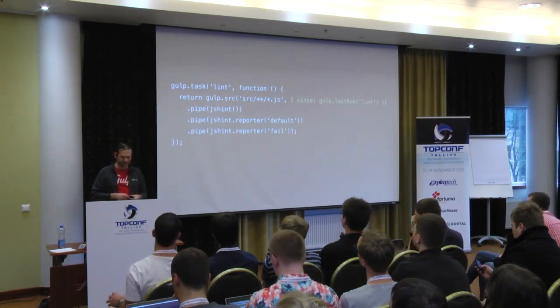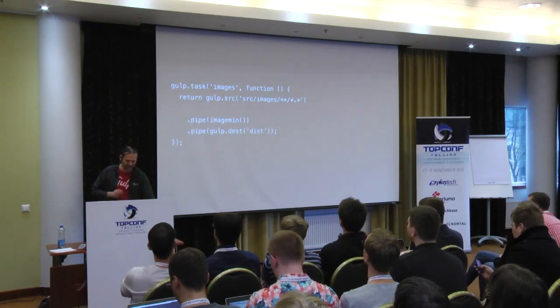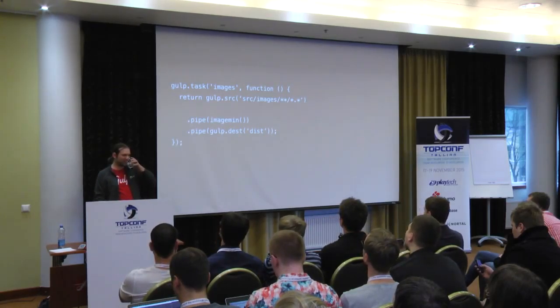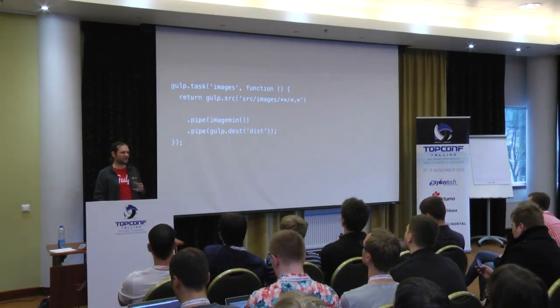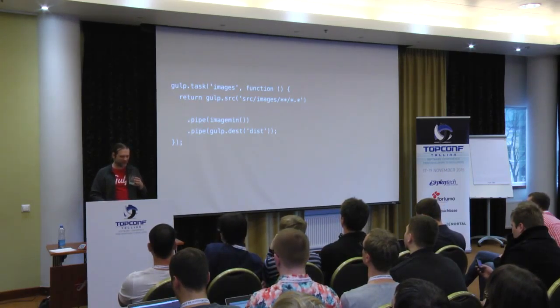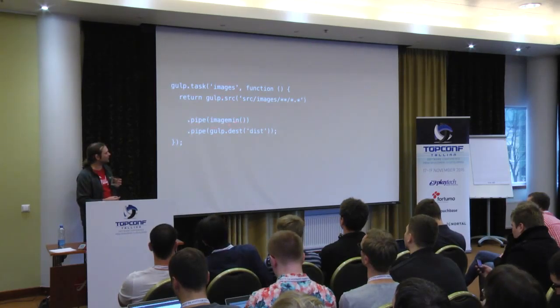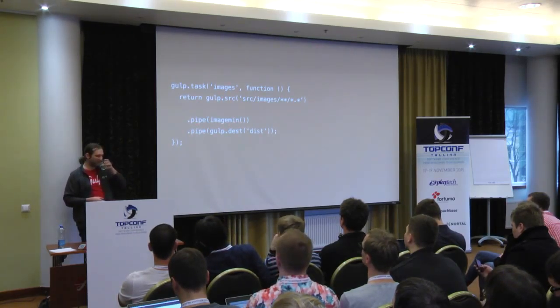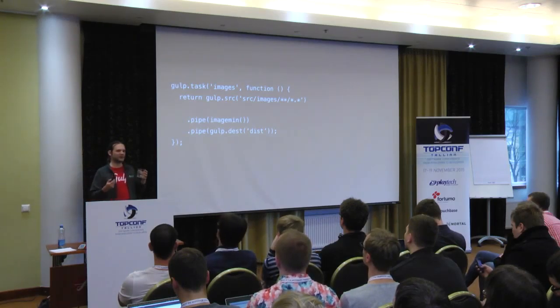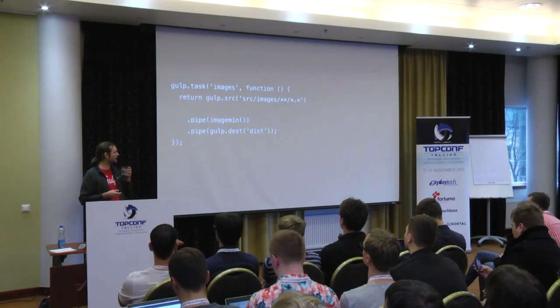One thing though, there's another plugin that can help you with that, mainly if you just want to copy files or copy optimized files. This is a task that optimizes images, so I'm reading all the images and run them through ImageMin and save them again. And I don't want to do that for every image again and again and again, because sometimes just a few images have changed.